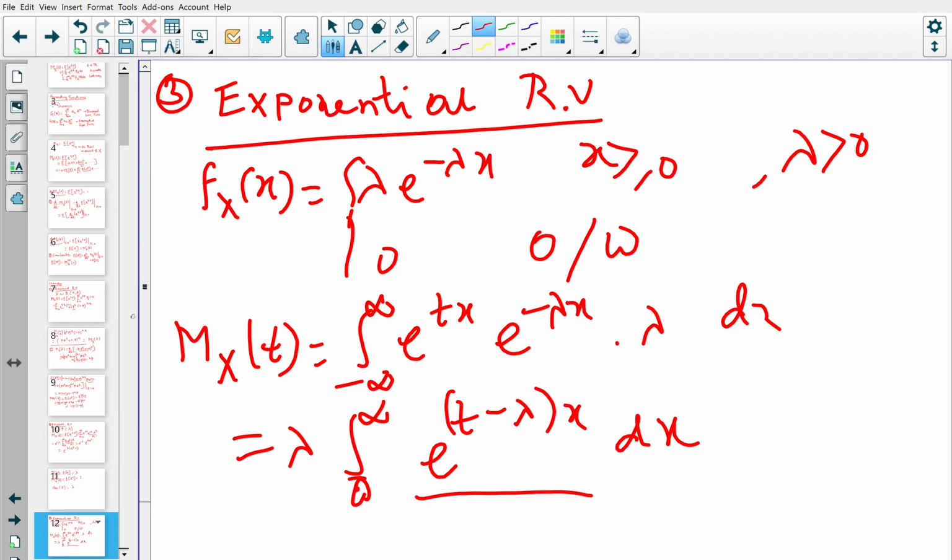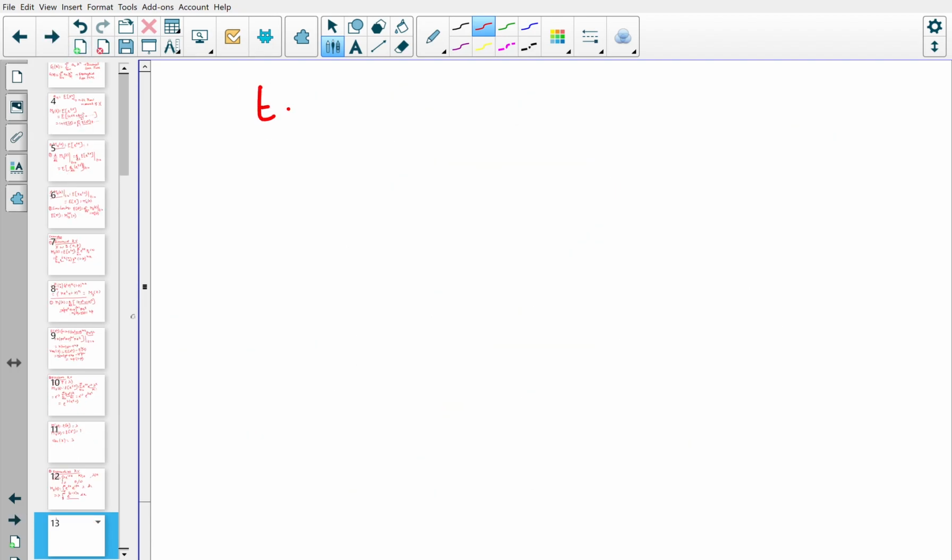So if it is a decreasing function, then you can talk about the convergence of these integrals, and you see that that is true whenever t minus lambda is negative. What does that mean? That means whenever t is less than lambda, this integral is converging.